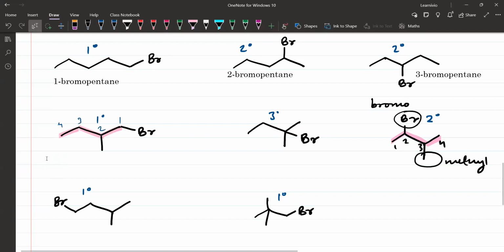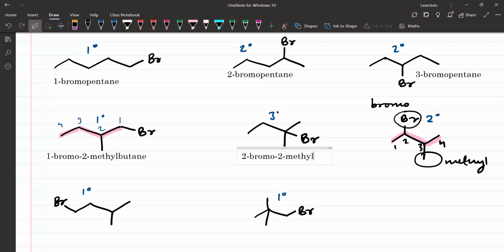So in the first position we have bromo, so it will be 1 bromo methyl butane. This will be 2 bromo 2 methyl butane. This will be 2 bromo 3 methyl butane.